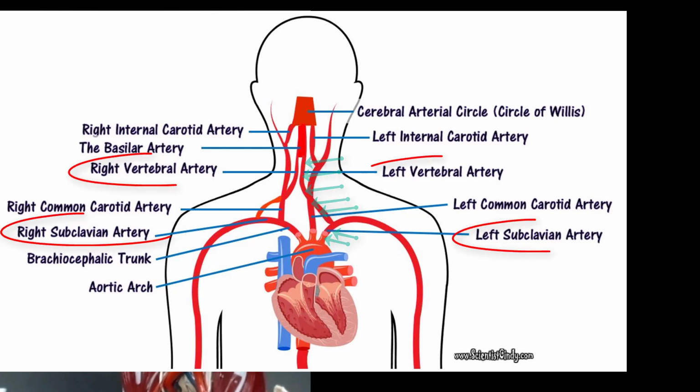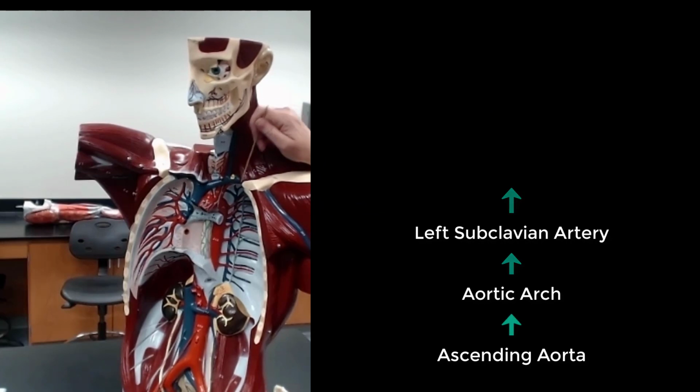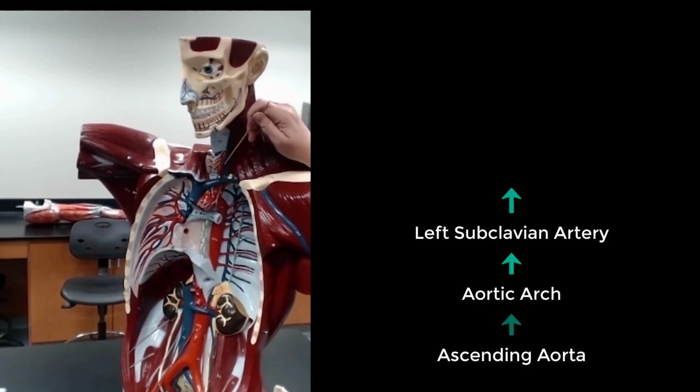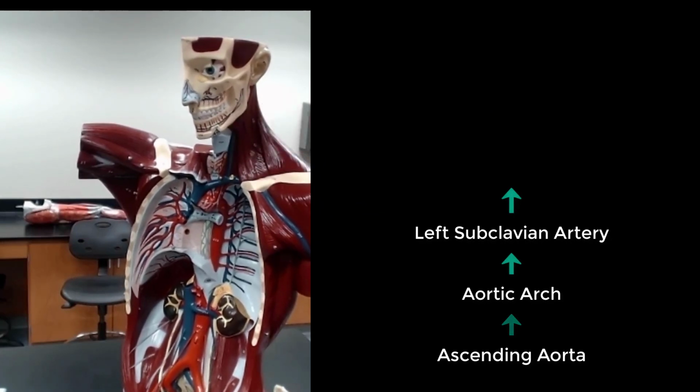And there is a branch that comes off superiorly from the subclavian artery, and that is the vertebral artery. So the vertebral artery branches from here, and then it's going to arch in and go towards the spine.